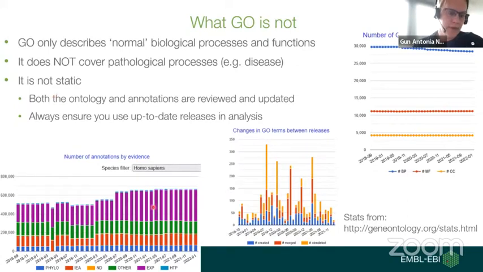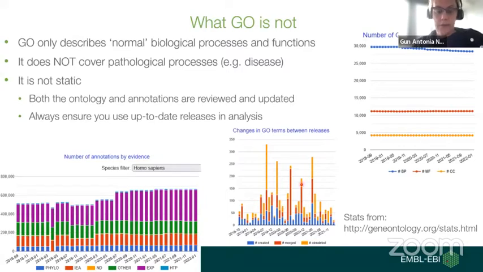You can see that here. It's not so important what's on the different axes, but this is basically showing the number of annotations to human over the last couple of years. The annotations have increased from about 500,000 to over 600,000 in the Gene Ontology database. So that shows you if you use a data set that's just a few years out of date, you will lose out on a large amount of annotations.